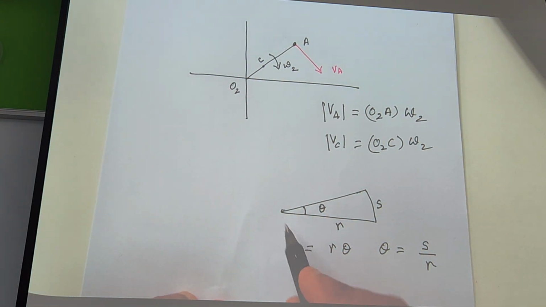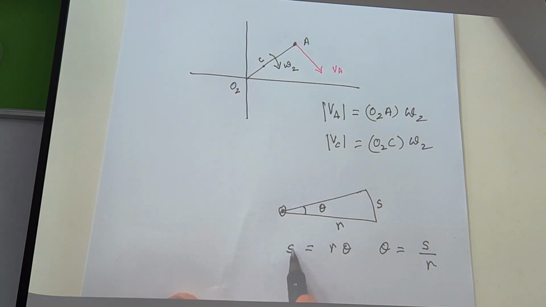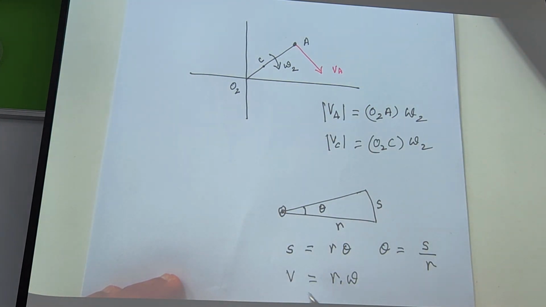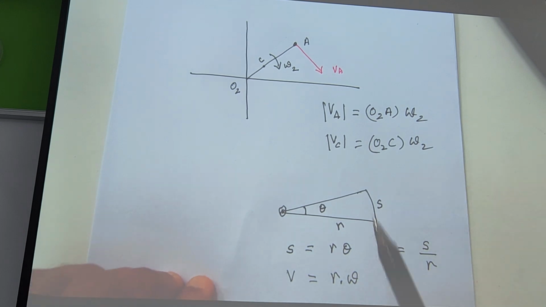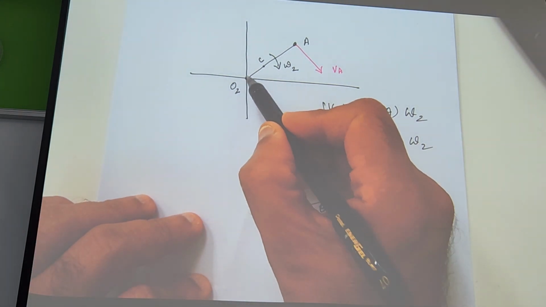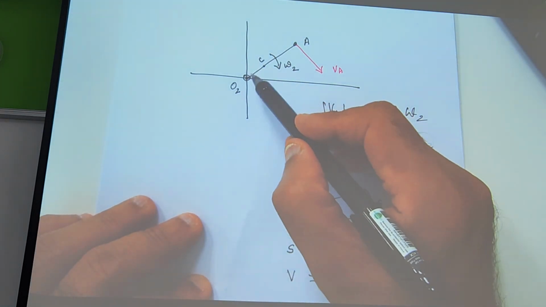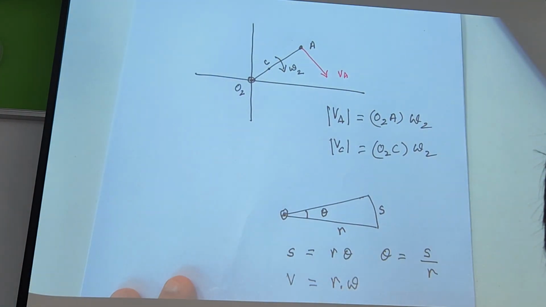Okay, so this is the point fixed. So we can convert now the velocity, which can be written as R into omega. If this point is in rotation, we'll be able to link this, mainly because the point O2 is the instantaneous center for any point on this link.